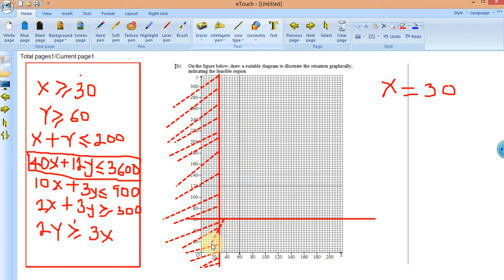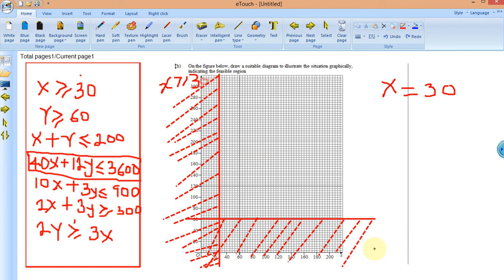Maybe I need to tag my inequalities. Don't let me be lazy, guys. I will tag all my inequalities now. Let me tag the first one with the laser. This one is x, the inequality sign, 30.